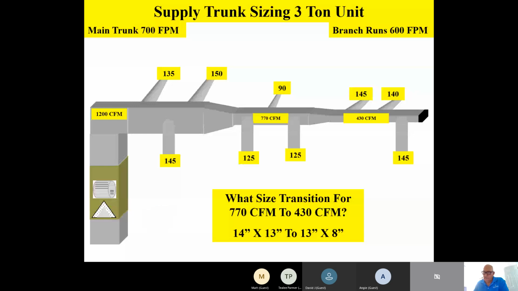So take 140 or 145 CFM on your air duct calculator at 600 feet a minute velocity for your branch takeoff or your branch runs. And let's see what size duct we need.